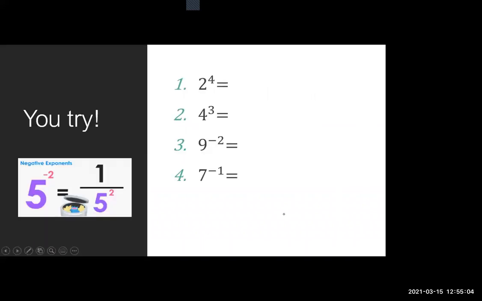Let's try these. All right, 2 to the 4th. Let me get a different color here. 2 to the 4th. That means to write the 2 4 times, 1, 2, 3, 4, and multiply. Now you can do the multiplication part with your calculator. It's totally fine to do that.